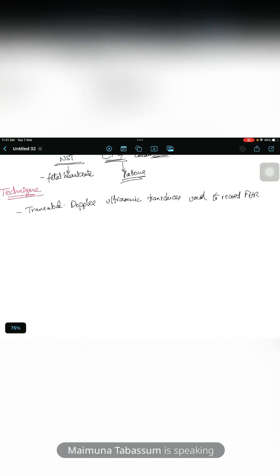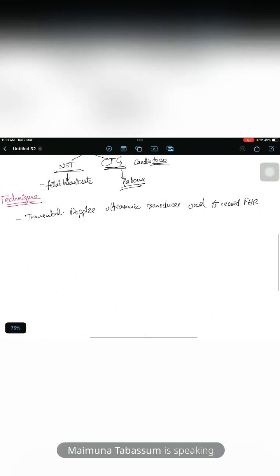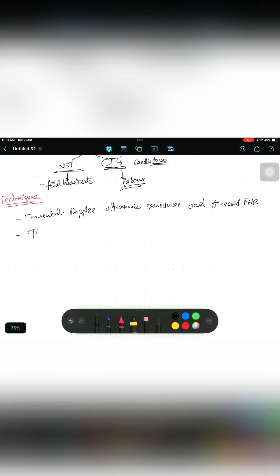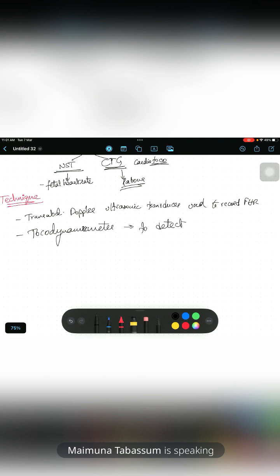Then a tokodynamometer is used, as we have already been shown, to detect the uterine contractions. The time of NST is 20 to 40 minutes.